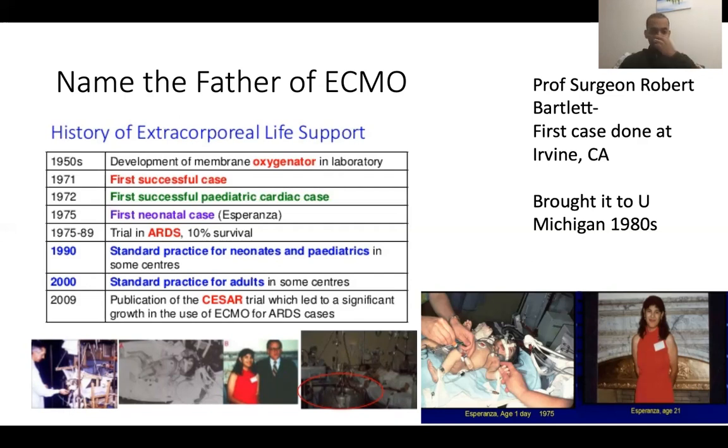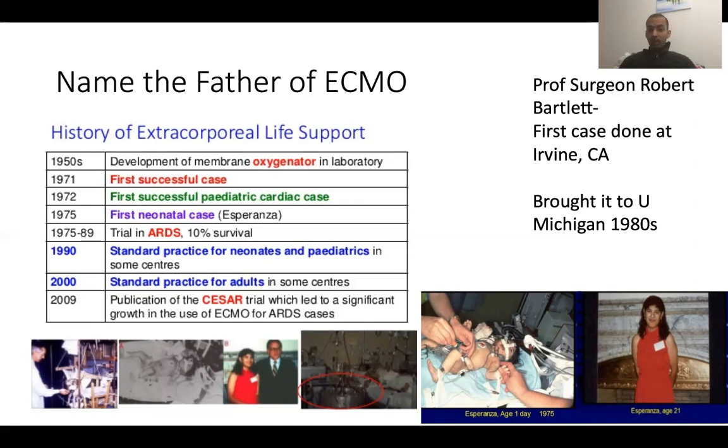Although we know that cardiac bypass was already being done around the 1950s, 60s, ECLS started being performed in the 1970s. Then the first pediatric cardiac case in the form of VA ECMO, and first neonatal case, Esperanza, as we said.